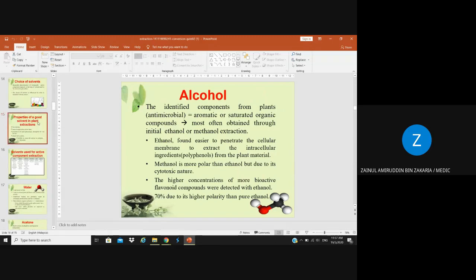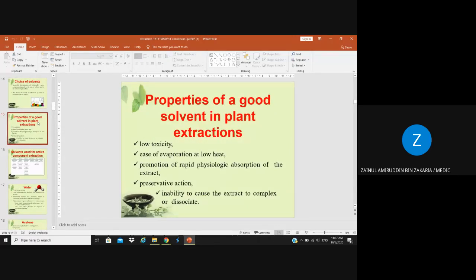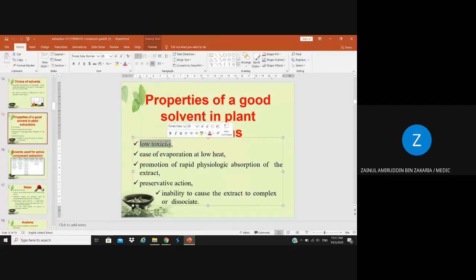What are the properties of a good solvent in plant extraction? It must have low toxicity. It has ease of evaporation at low heat. It can evaporate easily at low heat.